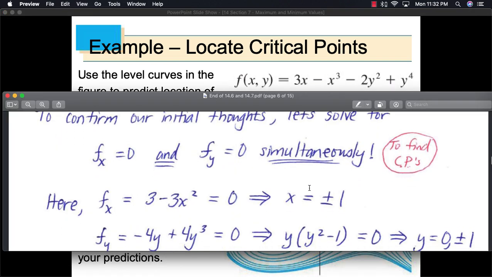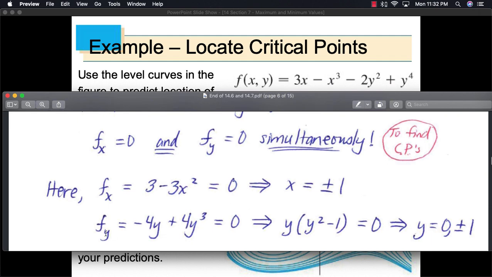Then let's do the same for the partial with respect to y. If I take the partial with respect to y and set it equal to 0, I get this little equation here, which is very easy to solve. Either y is 0 or this difference of squares is 0, which gives us the possible values y equals 0 or plus or minus 1.